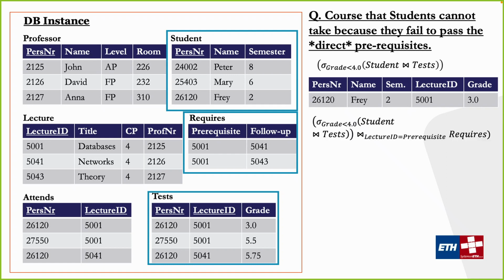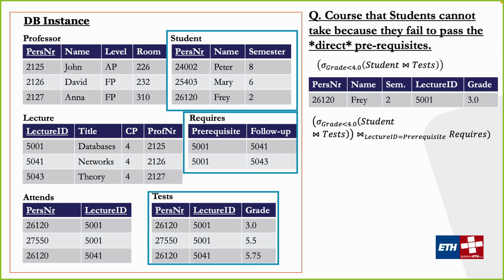Once I have this, I can join this intermediate relation with, for example, the requires relation. To say, if this student failed this course, this is the next course that relies on this one that the student cannot take, right?